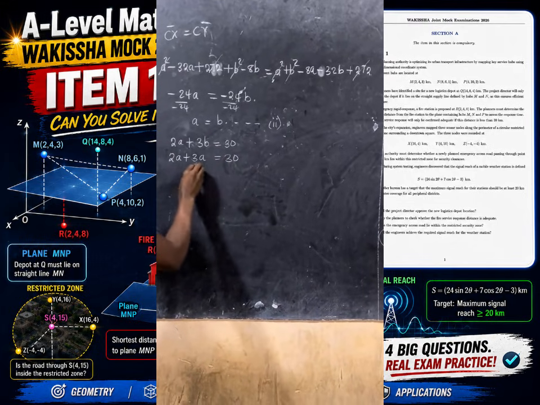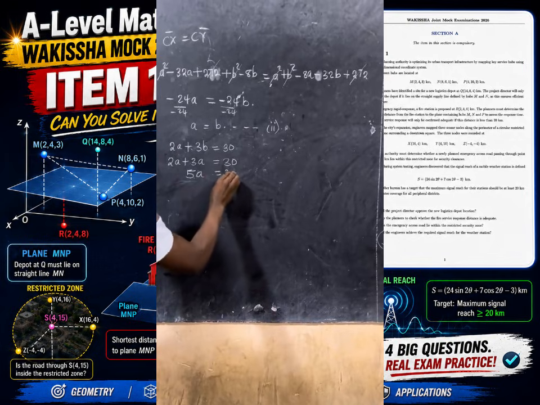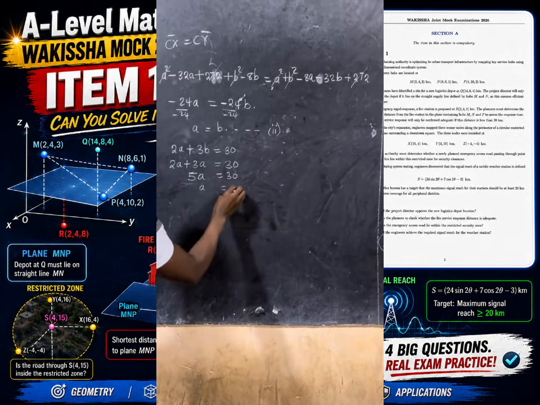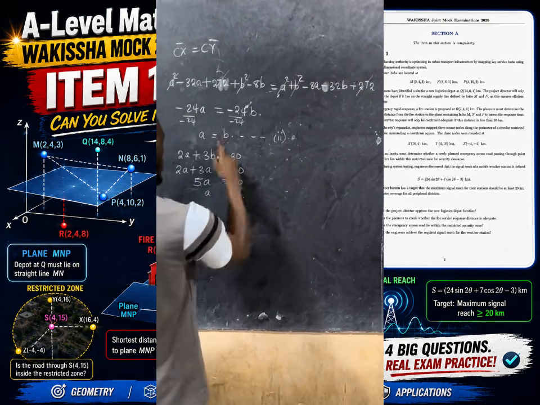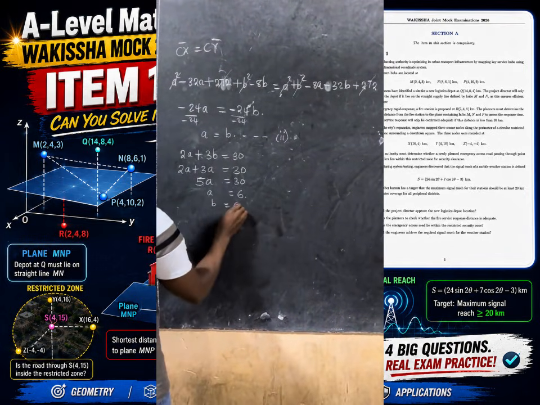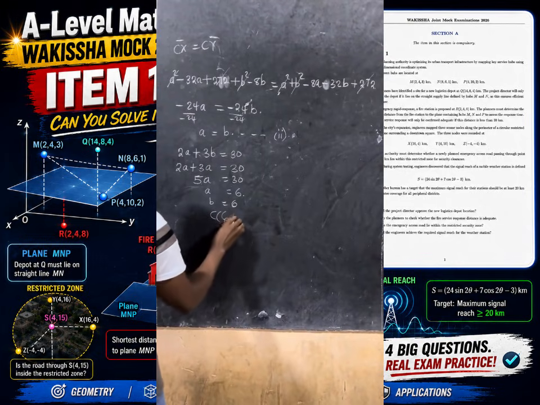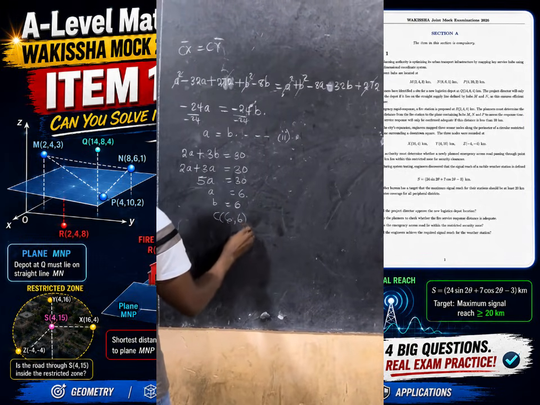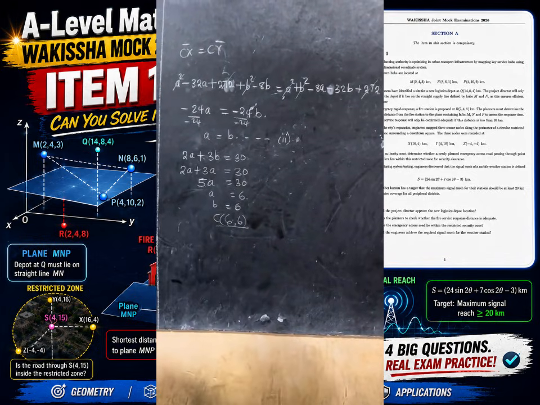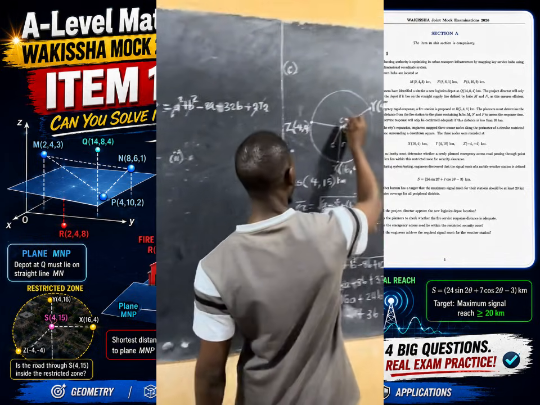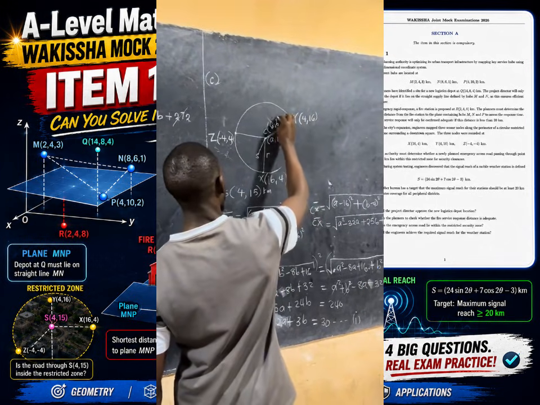This is 5a is equal to 30. Dividing through by 5, I have 6. And since a is 6, b is also 6. So my center is at the point (6, 6).